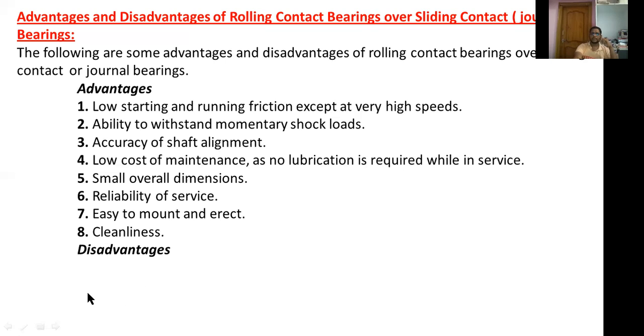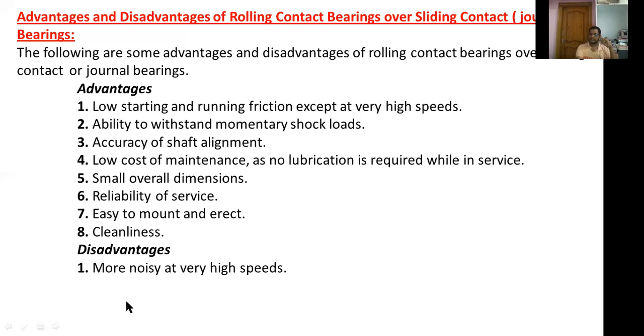Now I am going to explain about the disadvantages of rolling contact bearings over journal bearings. Here the main disadvantage of these ball bearings or roller bearings is more noise, more noisy at very high speeds.